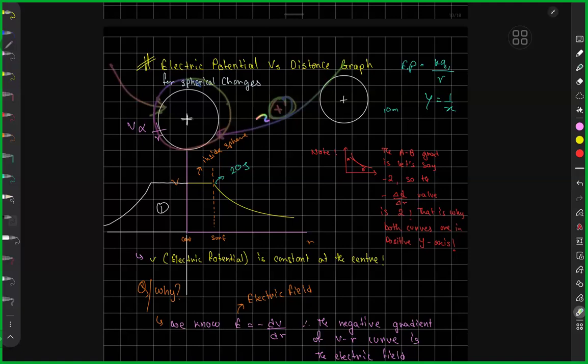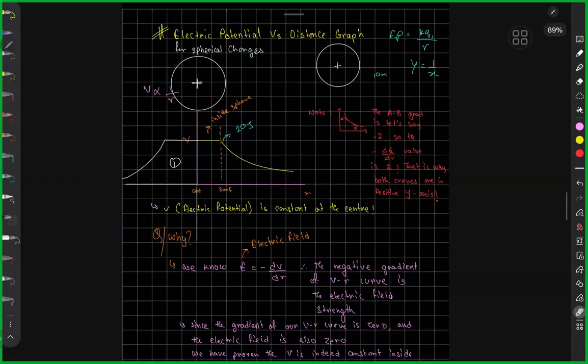So you're always working against the repulsive force. So the work done is always positive. So both the curves are on the positive axis.